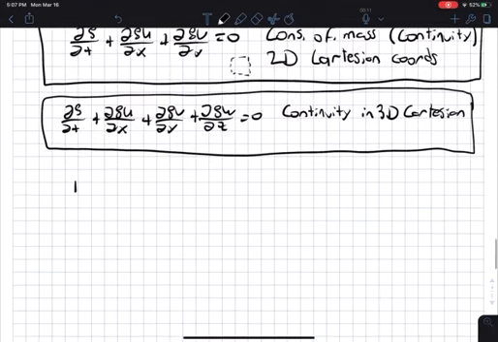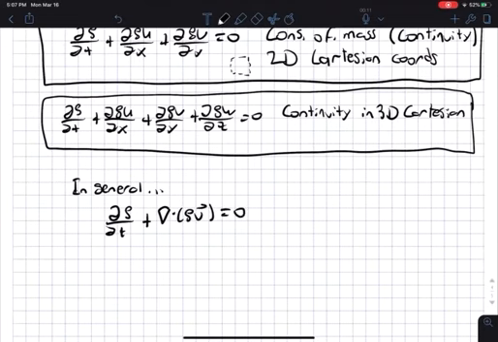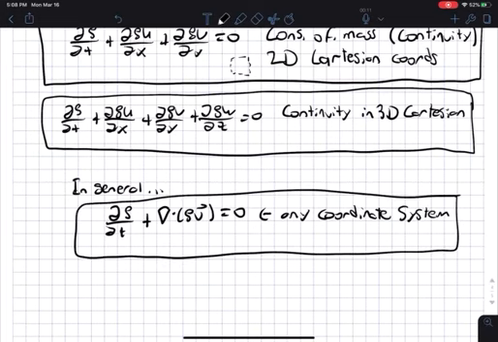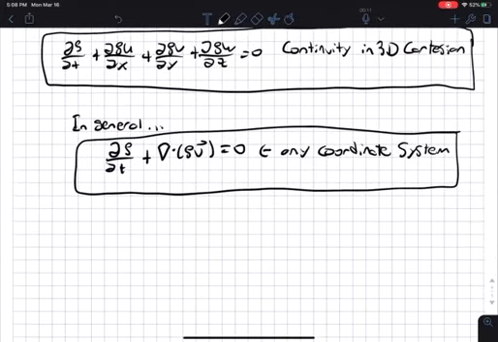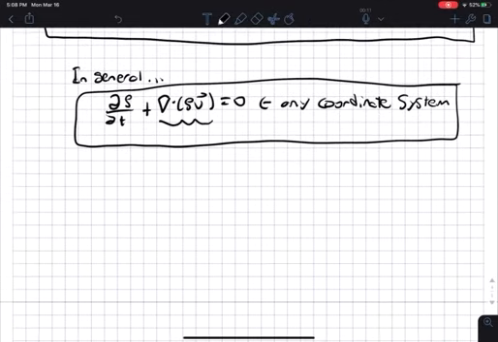Well, in general, we have partial rho, partial t, plus the divergence of rho v equals 0. And this is any coordinate system. Okay, and you just have to look up in your math textbooks what the operator for a particular coordinate system, say cylindrical coordinates, what the divergence operator is, and apply that consistently.